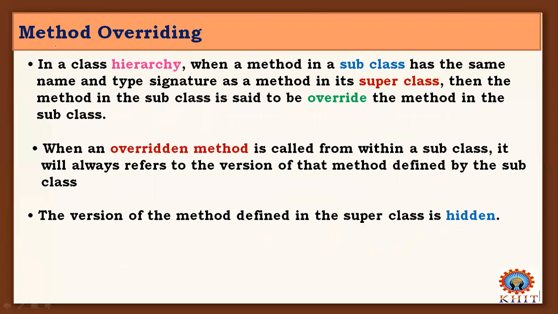Coming to method overriding. This is one of the features added to object-oriented programming languages, and this overriding concept is specially designed for the Java language, where inheritance concepts come into the picture.